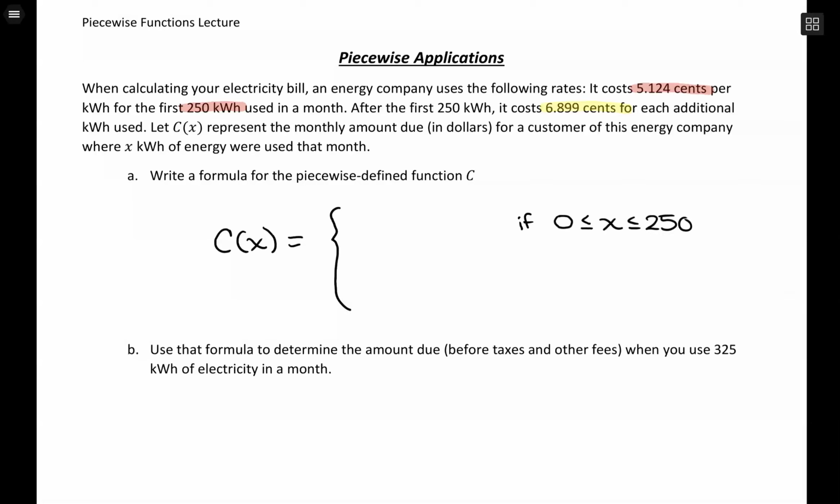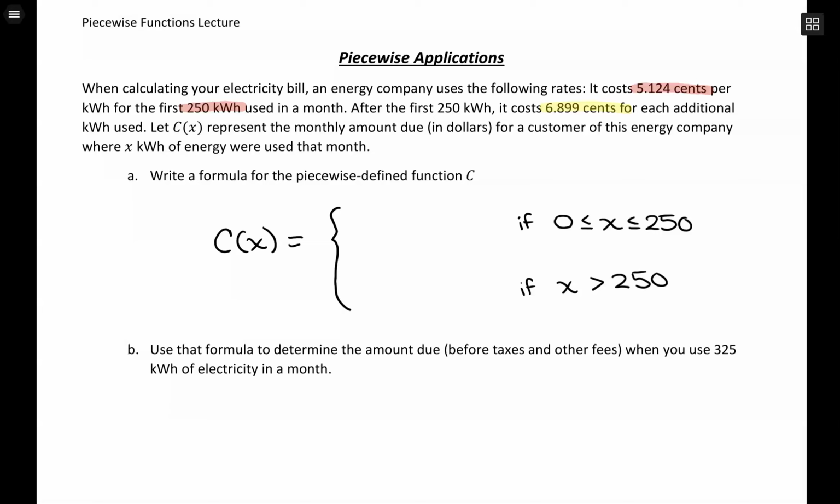Either way, if we were graphing this, we would start at 0 because it's a word problem and we'd only have positive outputs. But if you wanted to really restrict it with accuracy, that's what we would do. And then our other case is if x is over 250.